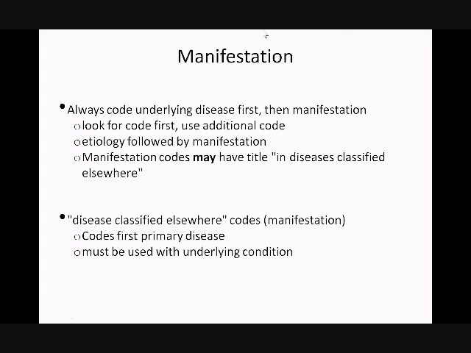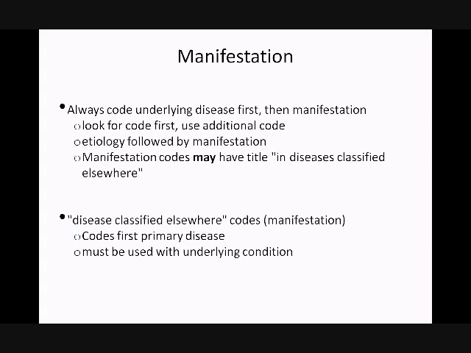Oftentimes you're going to find codes that say something to the effect of in disease classified elsewhere. Whenever you have anything that says in disease classified elsewhere, that means this code can never be used by itself, nor can it be used first as a primary code. The reason that code is in the book is because it is a disease that is associated with another underlying disease. That means you have to code the underlying disease first before you can code anything that says in disease classified elsewhere.